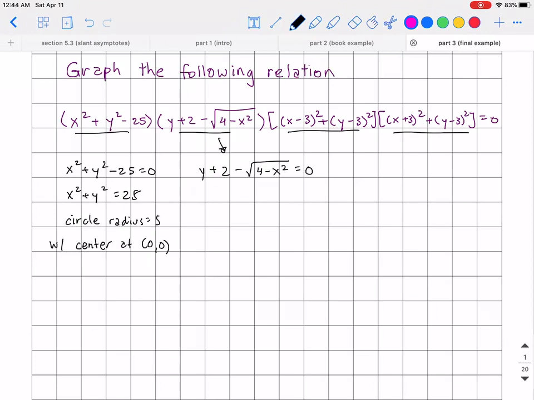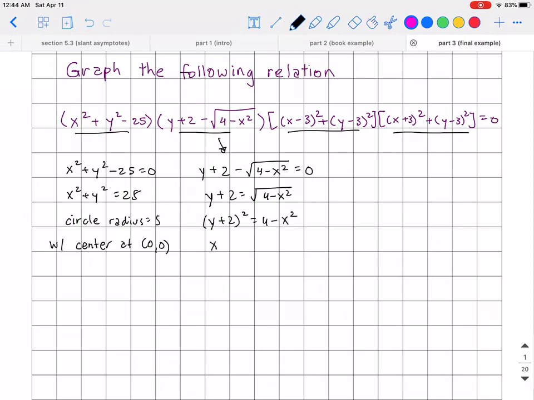Now, if I move the square root to the other side, so that I can try to solve for y because usually that's the best way to figure out what the graph looks like, here's what you'll get. y plus 2 is equal to the square root of 4 minus x squared. We have then y plus 2 quantity squared is equal to 4 minus x squared.